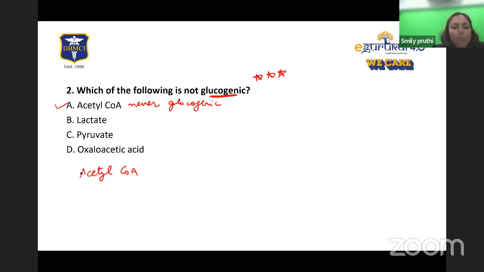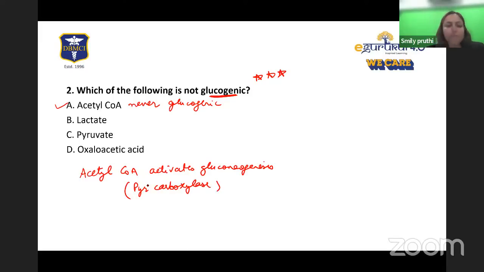Also, acetyl-CoA activates this pathway of gluconeogenesis. It is not the substrate. It cannot form glucose, but it is the activator of this pathway. It activates the first enzyme of gluconeogenesis, that is pyruvate carboxylase. Okay.